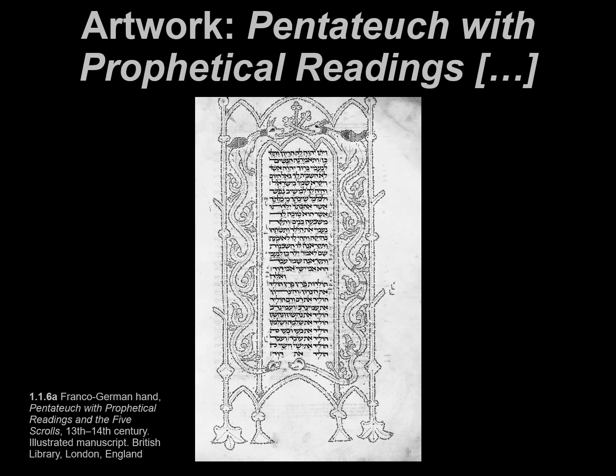This artwork is the Pentateuch from Prophetical Readings. It is an example of a 13th century illustrated manuscript, and you can see that the writing is Hebrew. What I wanted to draw your attention to is, again, the use of implied line in this image.